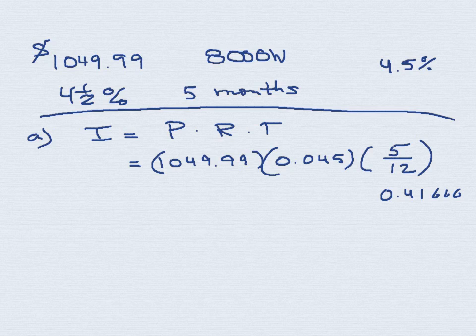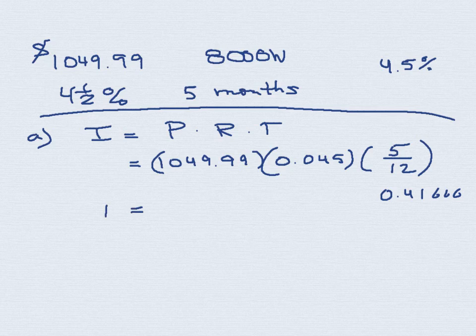So do 5 divided by 12, keep that number on your calculator, then multiply it by 0.045, multiply that answer by the $1,049.99. Do it all in one step, no writing any numbers down, no rounding, exact.